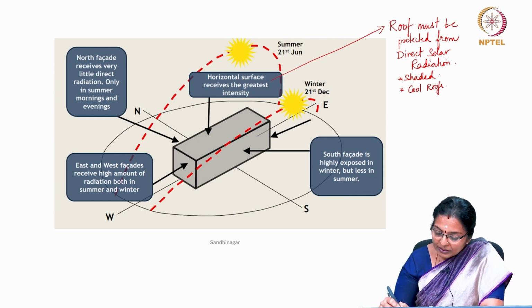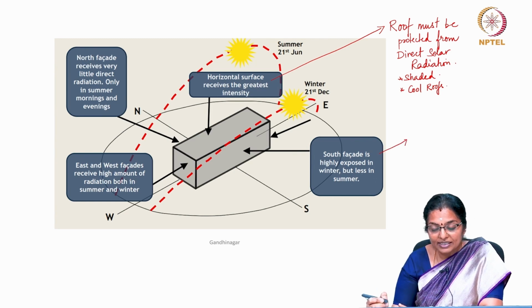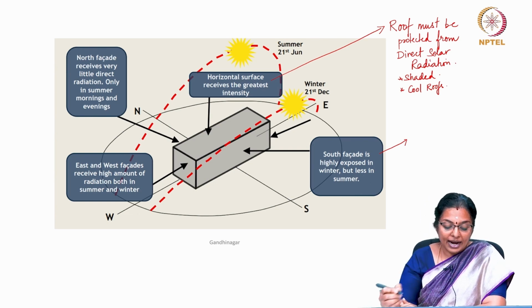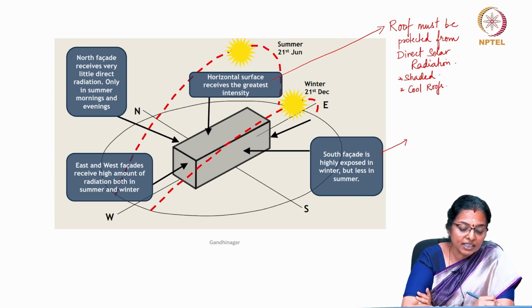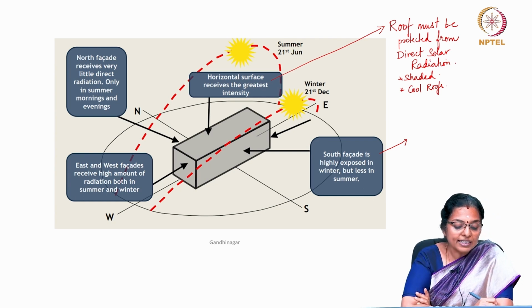The south facade is highly exposed in winter but less in summer, which is good. And the north facade receives very little radiation. Only in summer mornings and evenings it receives radiation, which is again a very good design.